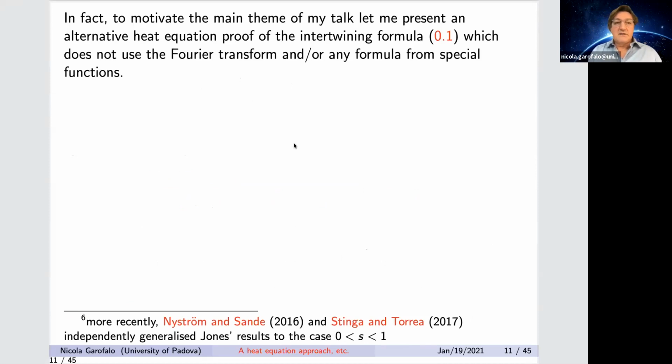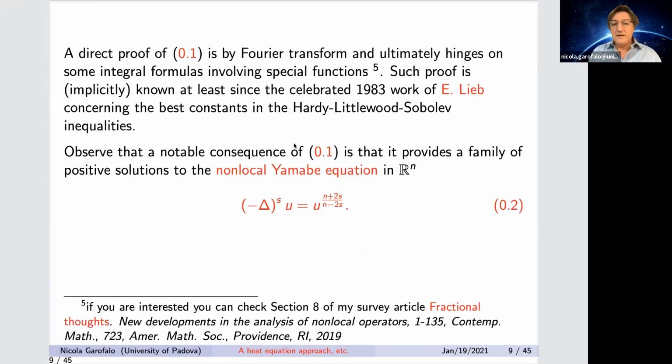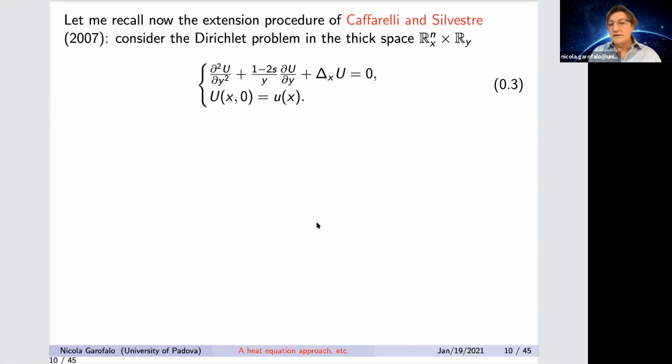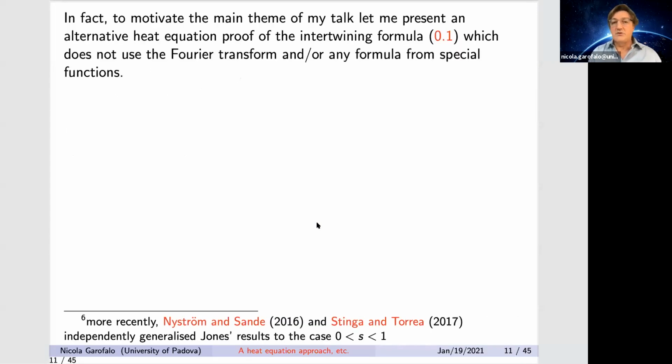So in fact, to motivate the main theme of my talk, let me present an alternative proof of this formula here, which is not based on Fourier transform, and does not use, of course, the theory of special functions.